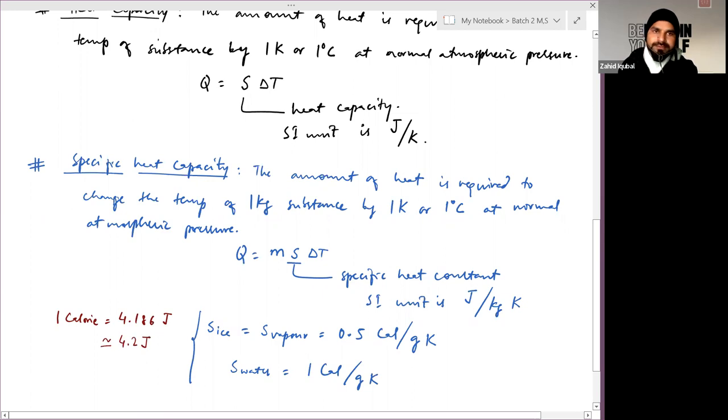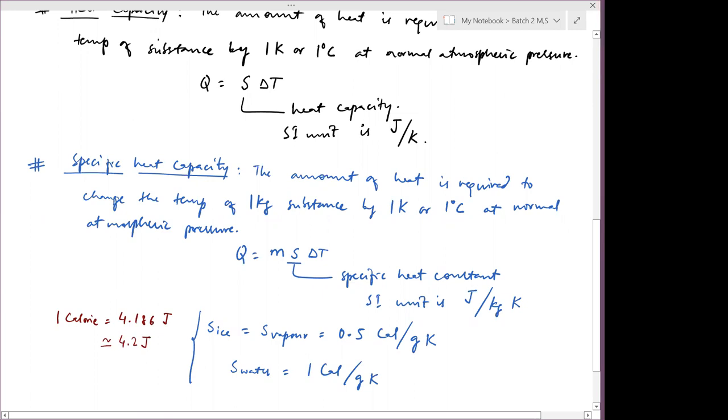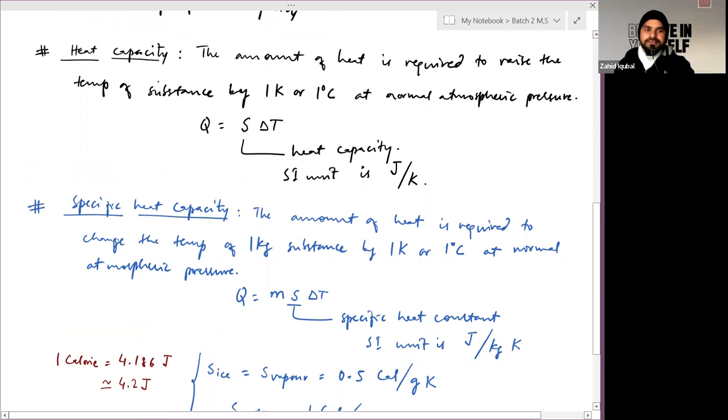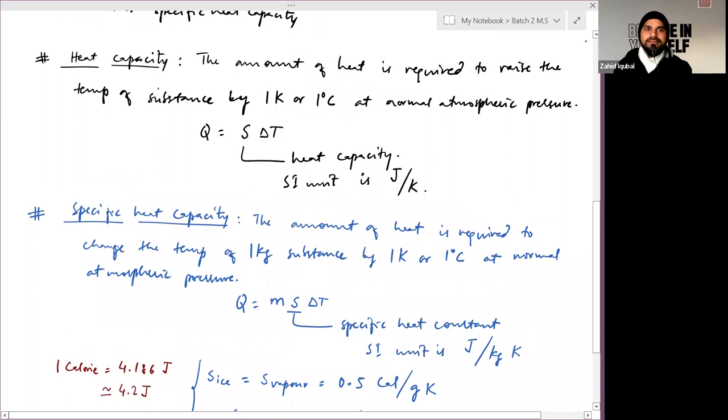Samaira, is it clear? Yes. Okay, first write it down till this part. Done, sir.